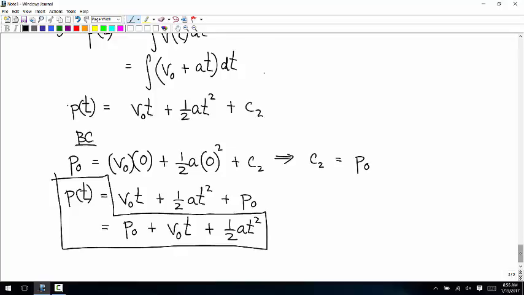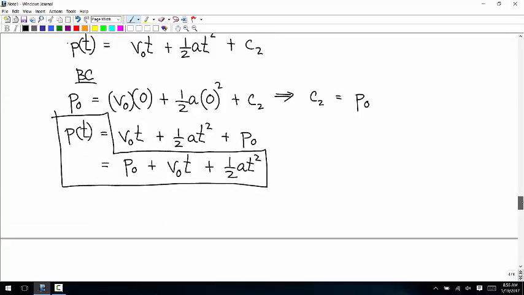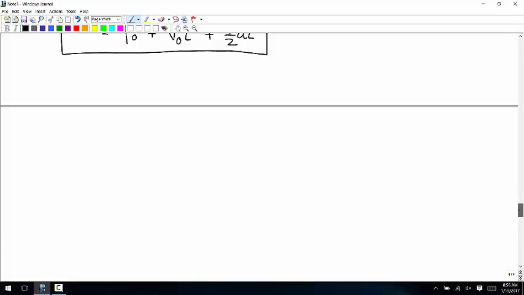Okay, so one more thing to do. There's one more constant acceleration equation that we're going to use a lot.